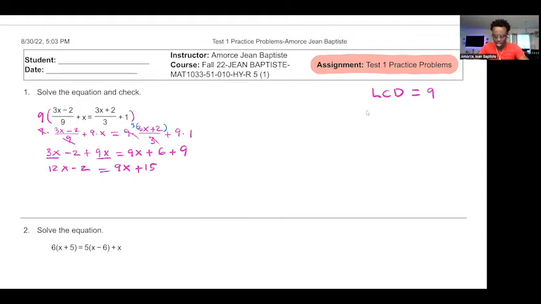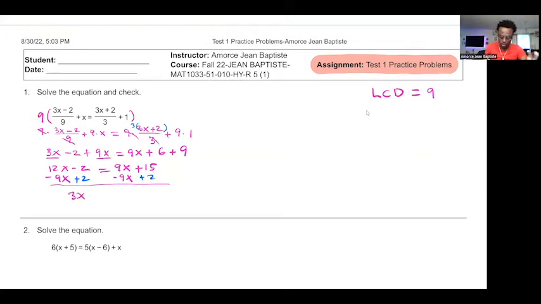So now that you have this equation simplified, you want to move the terms to the same side in order to isolate the variable. I see that I can subtract 9x on both sides, and if you want, you can even add 2 on both sides also, so you do it at once. Then your expression with x on one side is going to be 3x.